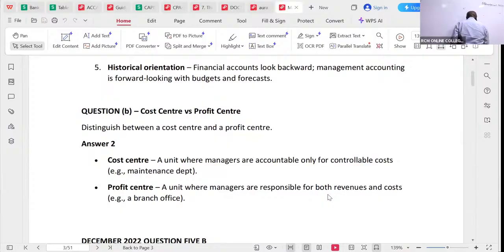You see, these companies, how they are structured. We'll have a company that has, for example, 2 departments. We are producing chairs. So in this case, we have a manufacturing department.